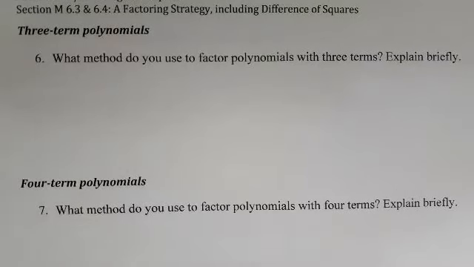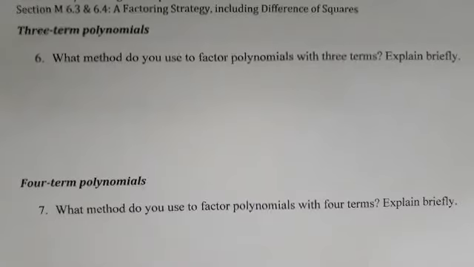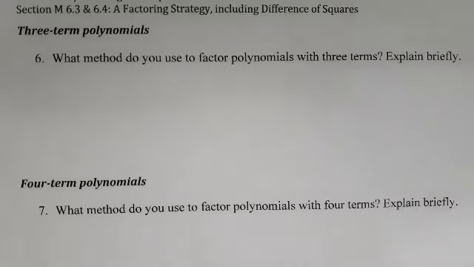Three-term polynomials. So they're going up, going from 2 terms to 3 terms, and then we're going to talk about 4 terms. What method do you use to factor 3-term polynomials? We did this last time: the AC method.